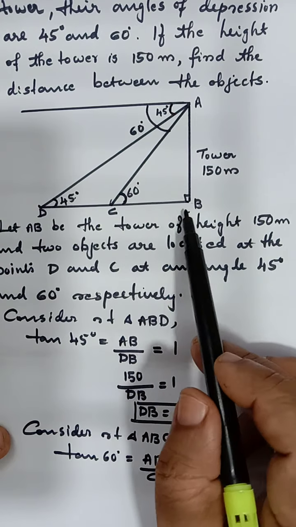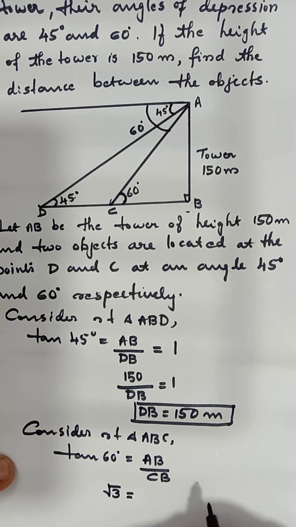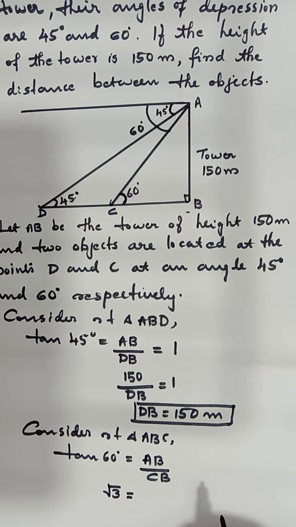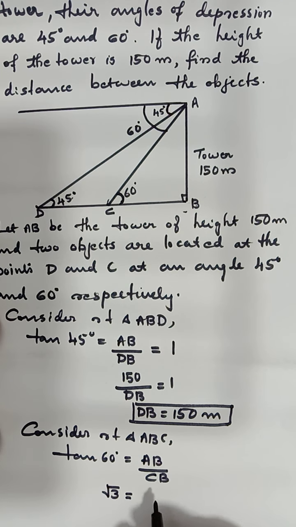According to your figure we can call it CB. Substitute tan 60, everybody knows it is root 3. Here it is very important to learn all trigonometric values by heart. Tan 60 is root 3.